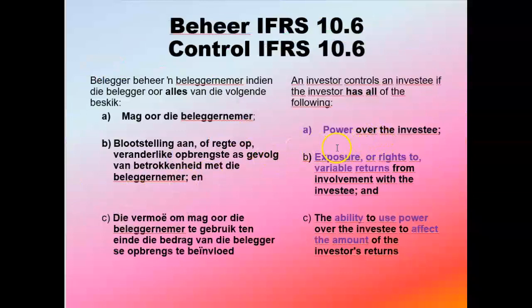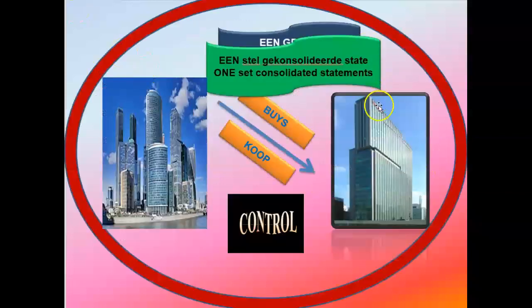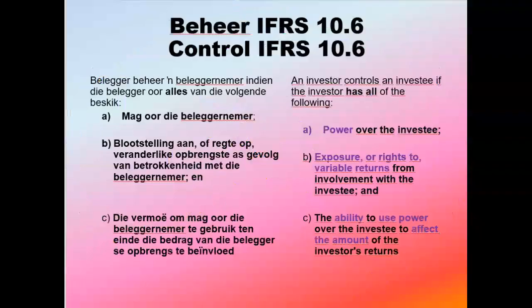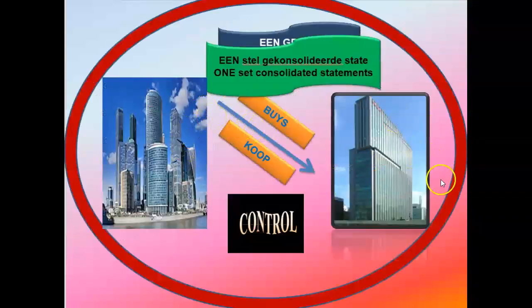Then exposure or rights to variable returns from the involvement with the investee. So it says, well, I have bought shares in you, I am exercising control over you, and I have rights or exposure to variable returns as a result of my involvement with you.